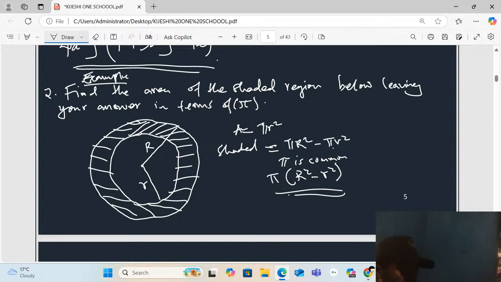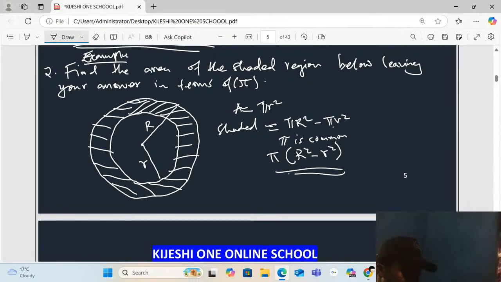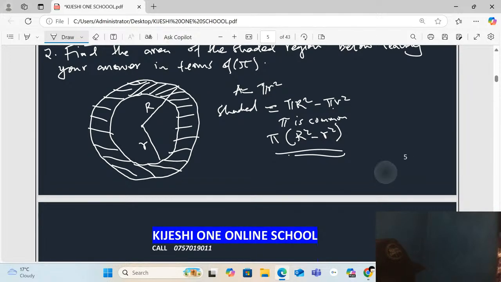The area for the shaded region is pi into R squared minus r squared. That's simple. So that is how you find that. That is an algebraic expression of which you factor out pi. So your answer, you've left your answer in terms of pi. So you don't have to substitute.